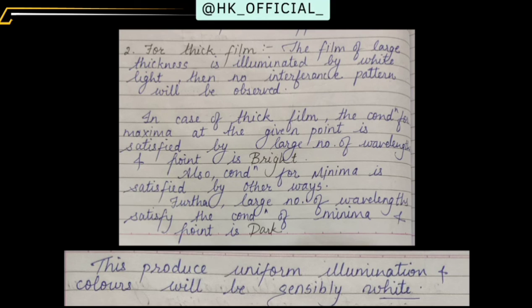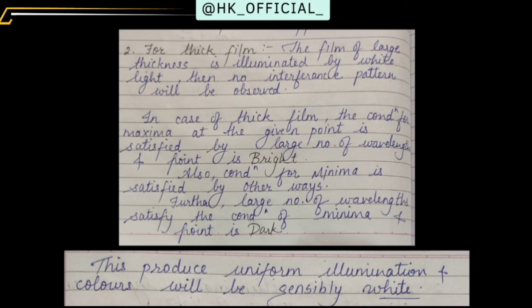When the condition for maxima at the given point is satisfied, then only at that particular point we will get a bright point. Further, a large number of wavelengths satisfy the condition of minima and the point is dark.